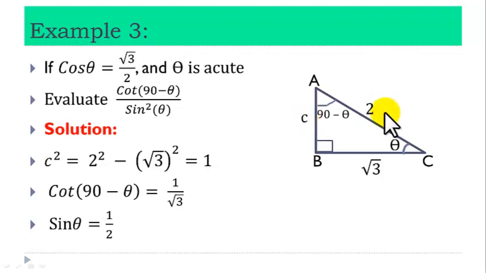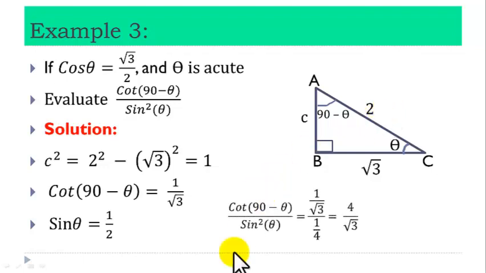So therefore, cot 90 minus theta divided by sine squared theta is equal to 1 over root 3 divided by the square of 1 over 2, which is 1 over 4. So 1 all over root 3 divided by 1 over 4 will give us 4 all over root 3.